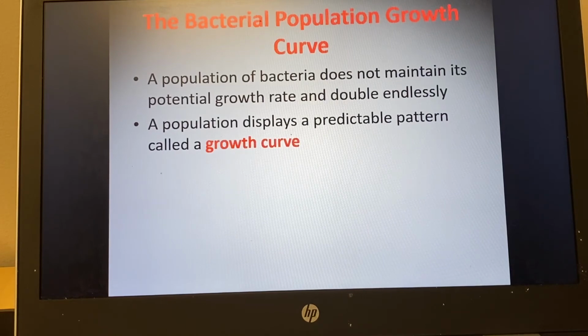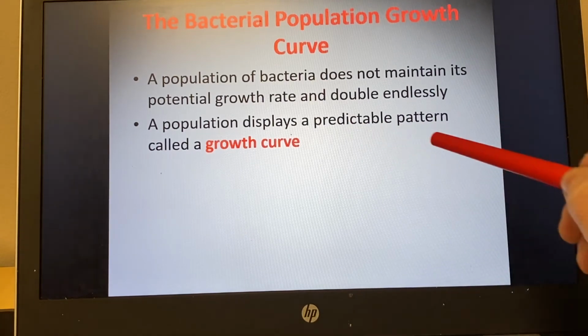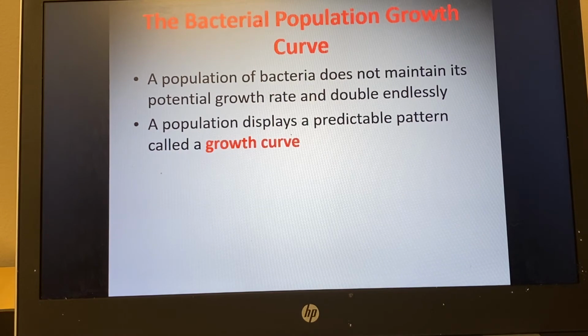Okay, so what I'm going to finish up the lecture with is talking about the bacterial growth curve. And it's a very predictable pattern, meaning that it happens with every single species of bacteria, and it's always the same shape. Because bacterial species are different from each other, they all have their own likes and dislikes.